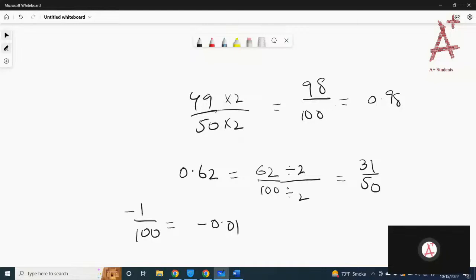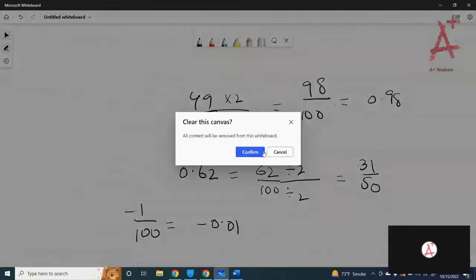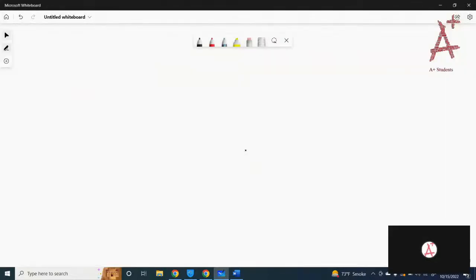Okay, the next one is write negative 1 by 10 as a decimal number. So when you convert it, that would be negative 0.1. Got it? So select the correct option and click on the OK button.